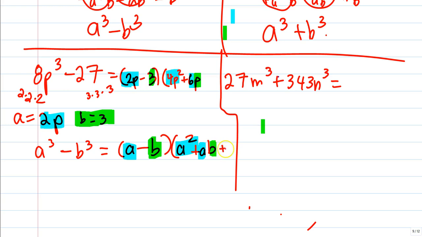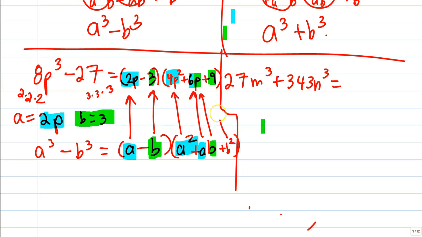Always positive, plus b squared, so plus 3 squared is 9. You just take the formula and you fill in the pieces. A minus b, a squared, minus a times b, plus b squared. You just fill that all in. Is it right? You could always check it.